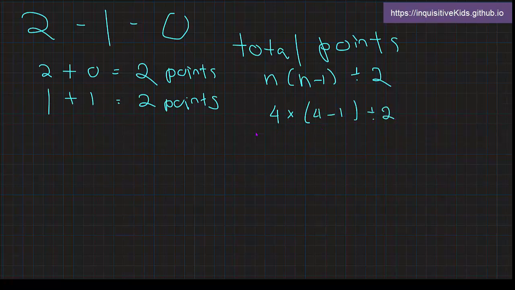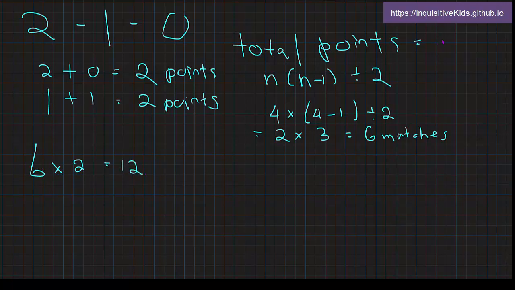Using the associative property, we can first do 4 divided by 2, that's 2, times, what's 4 minus 1? That's 3, right? So that's 6. So they need 6 matches in total. Each match is 2 points. So that would be 6 times 2, which equals 12. So the total number of points would be 12 points.